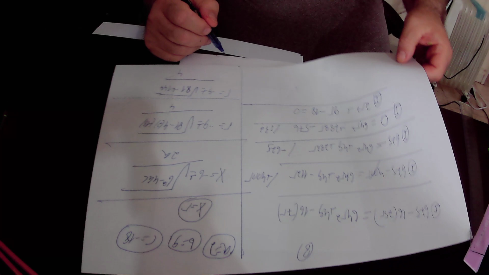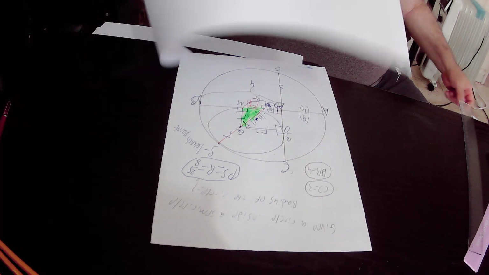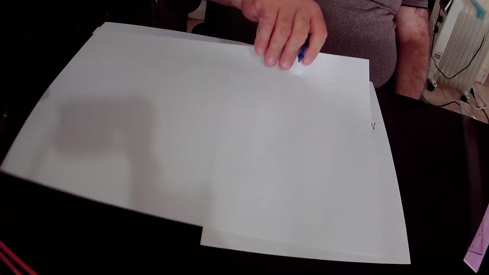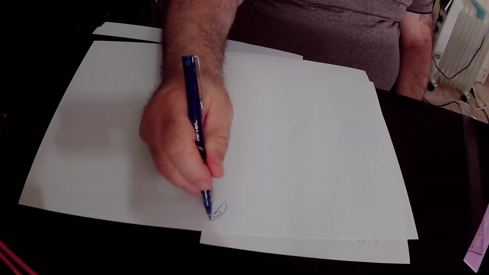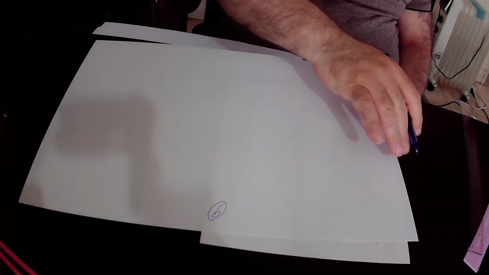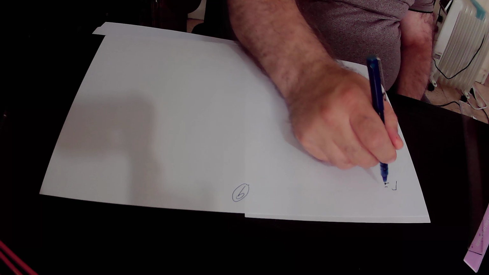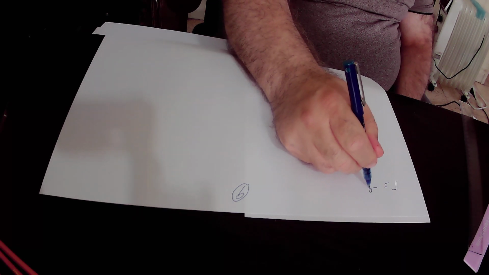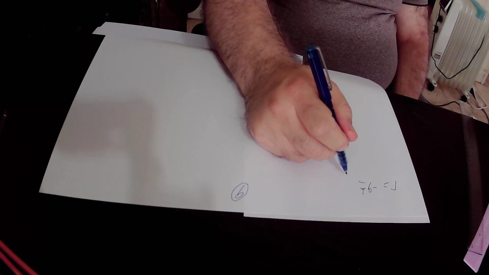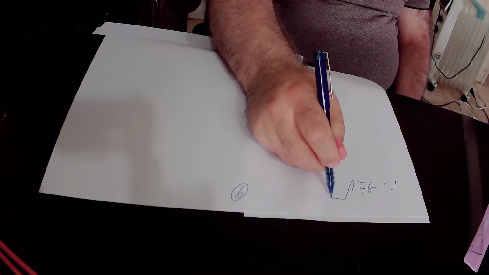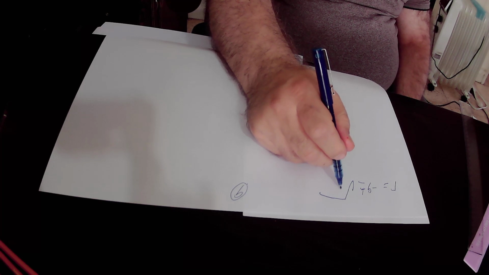So actually r, the radius of the small circle, is equal to minus 9 plus minus the square root of 81 plus 144, which is 225.